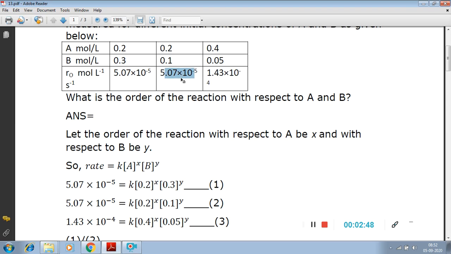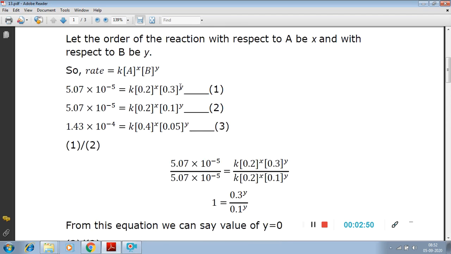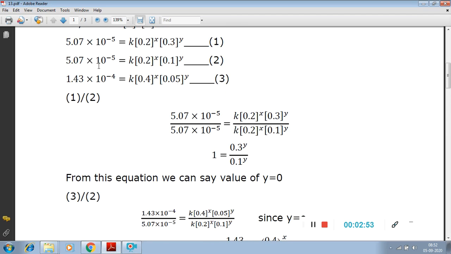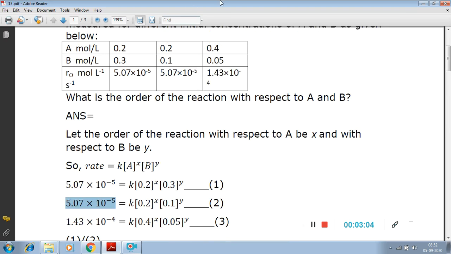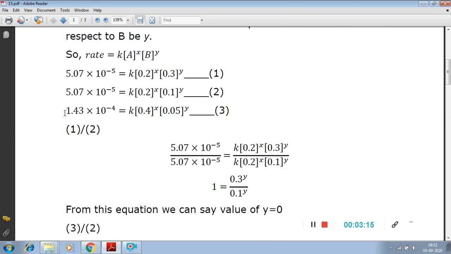These three values are given to us, so put these three value in the equation. You can see here 5.07 into 10 raised to minus 5 is equal to K into 0.2 raised to X, 0.1 raised to Y. Similarly for third experiment, the value are here 0.4, 0.05 and 1.43 into 10 raised to minus 4. So that value I have written here in equation number 3.